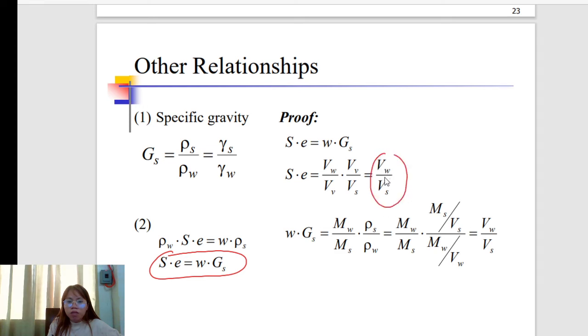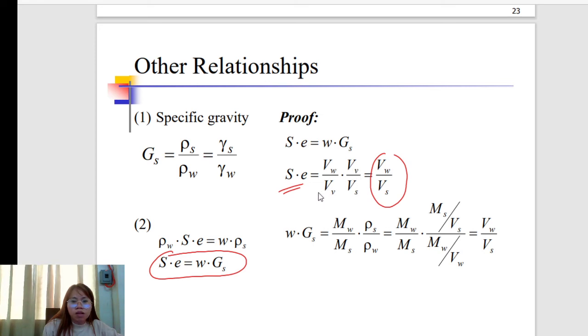The degree of saturation times void ratio: the degree of saturation is actually equal to the volume of water divided by the volume of the voids, and this void ratio is equal to the volume of the voids divided by the volume of solids.